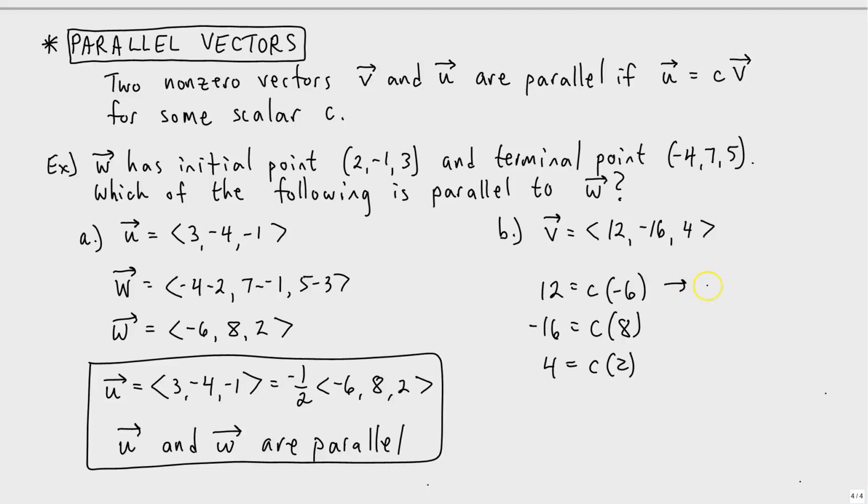This would imply that c is negative 2, but this would imply that c is 2. So there is no one c value that works. If we took v and tried to multiply by the same number c each time, we would not end up with negative 6, 8, and 2. So they are not parallel.